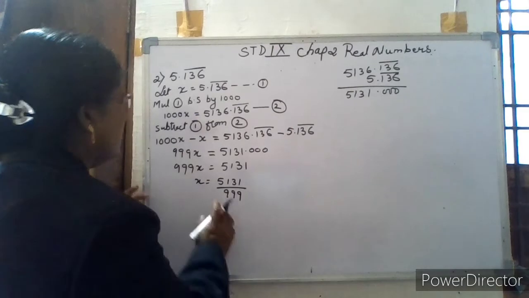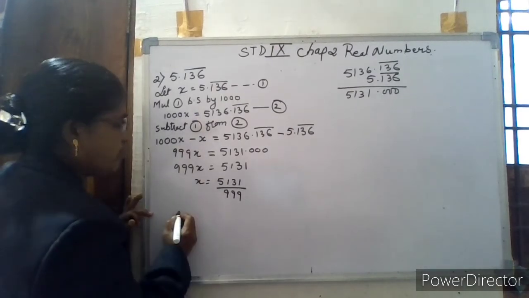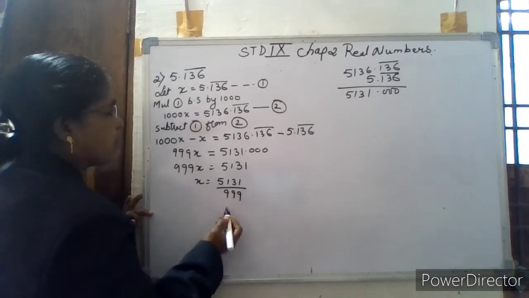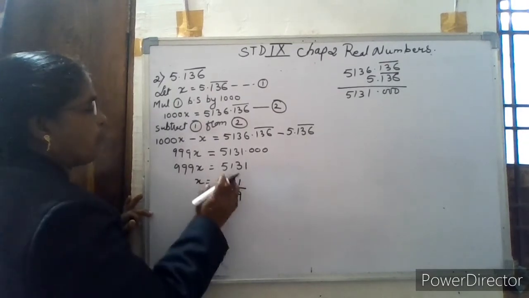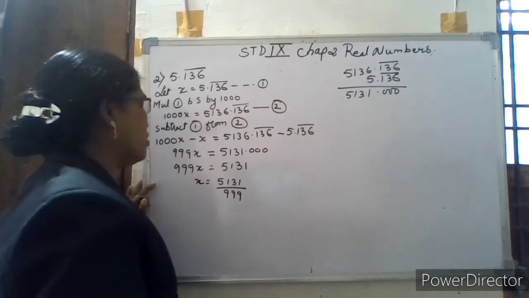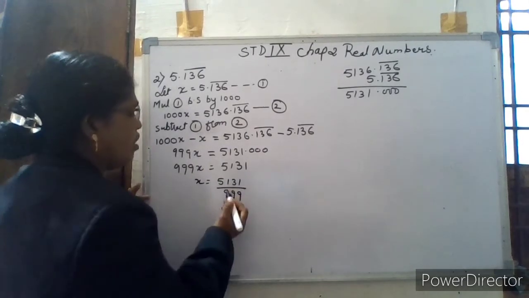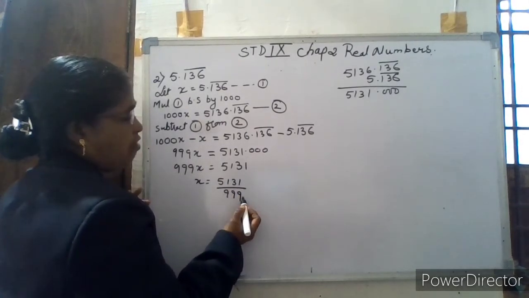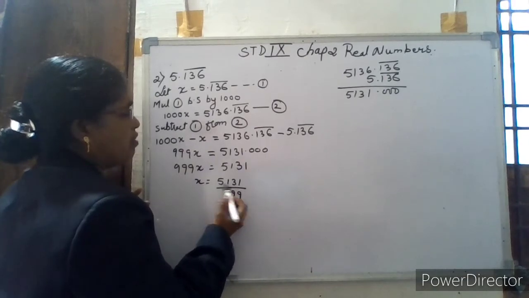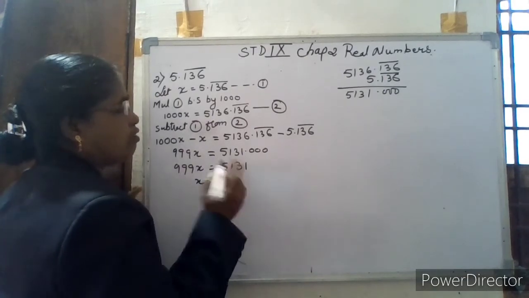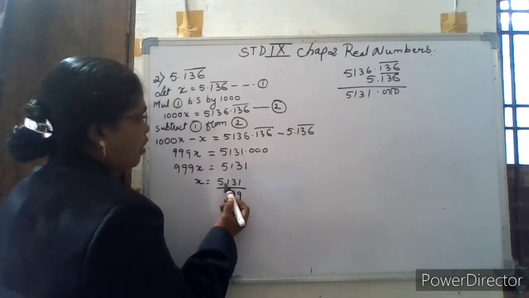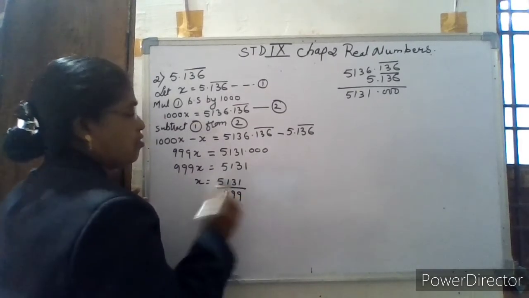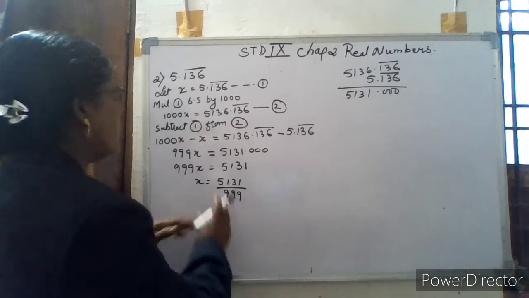Therefore we got x in this form. If this rational form is cancelable, you have to cancel it, otherwise leave it. So let us try and see. Is it cancelable by 3? Let us add the sum of the digits. If divisible by 3, then it is cancelable. 5 plus 1, 6, 7, 8, 9, 10. So it is not divisible by 3. So let us keep it as it is.